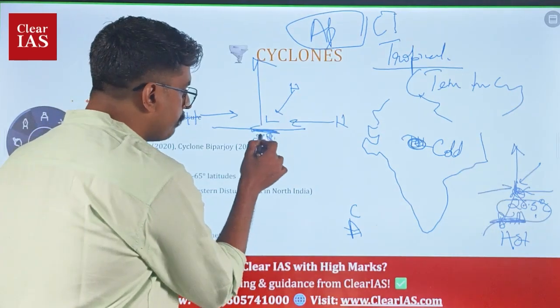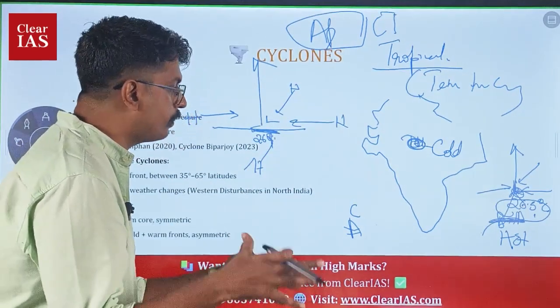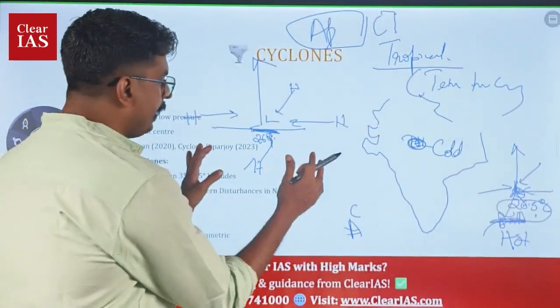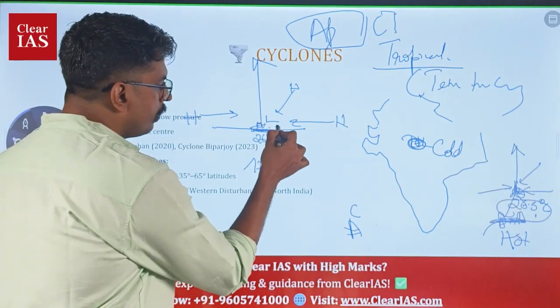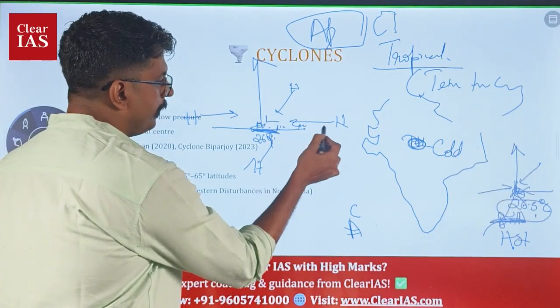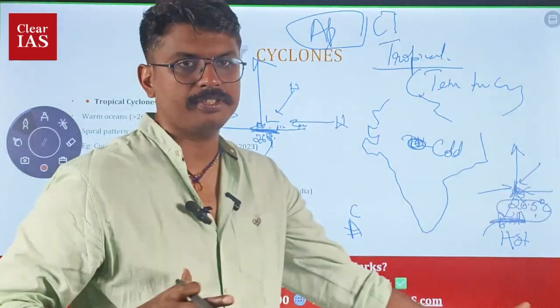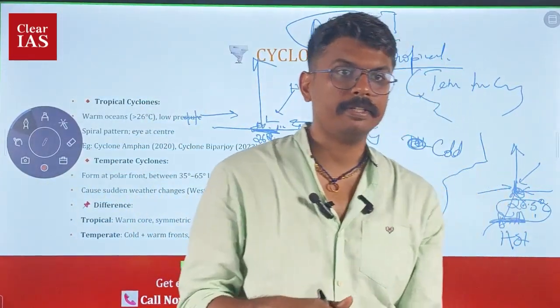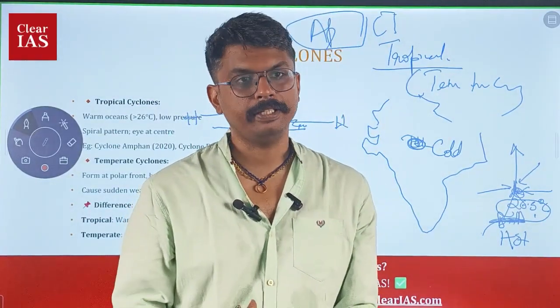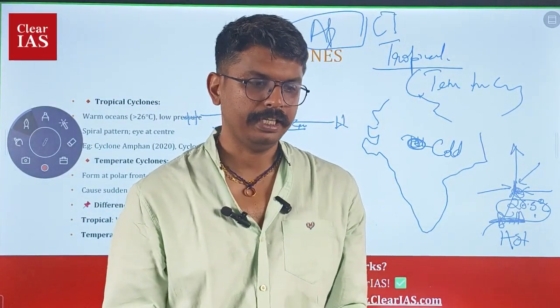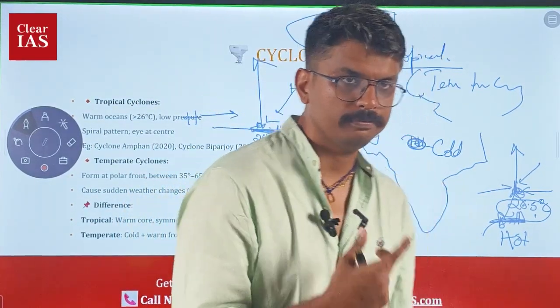Where the temperature is maximum and the pressure is the lowest, it would be a range. For example, here the pressure would be 1000, here it would be 1010, 1020, 1030. So where the temperature is maximum and the pressure is the lowest, that would be the center point, the core of the cyclone. Good question.